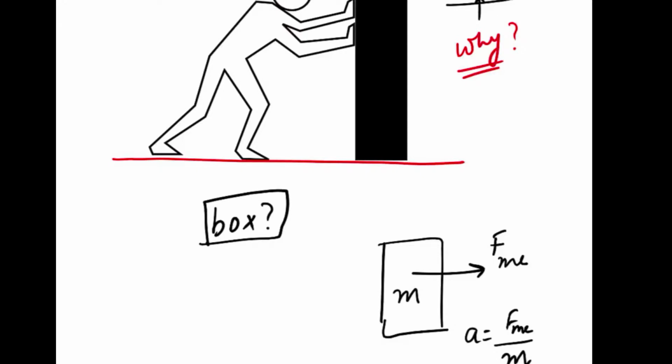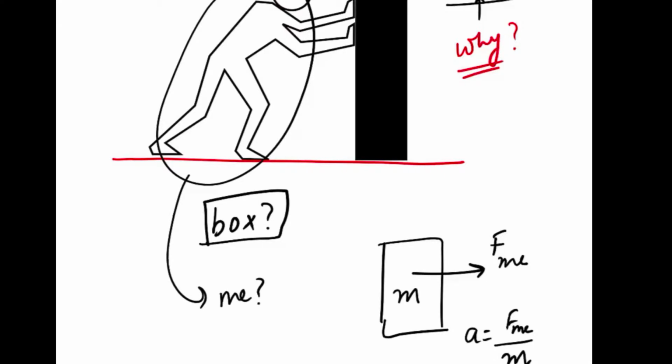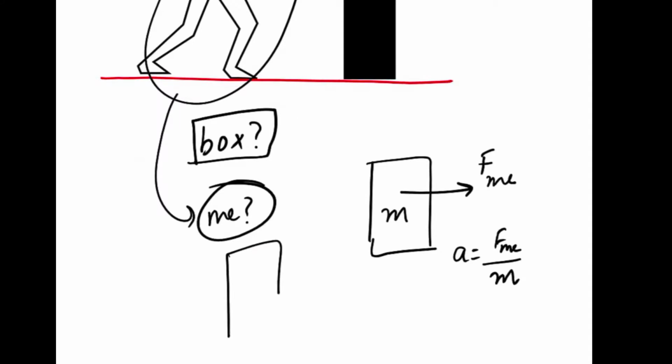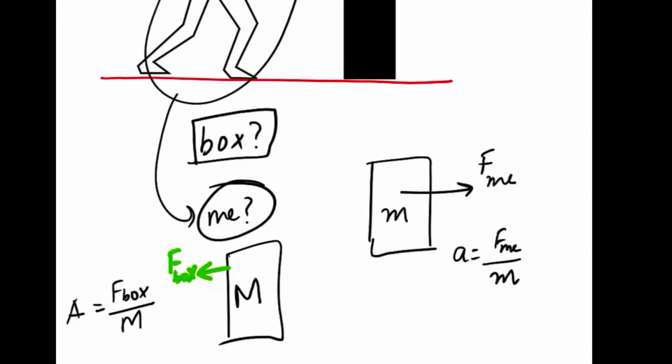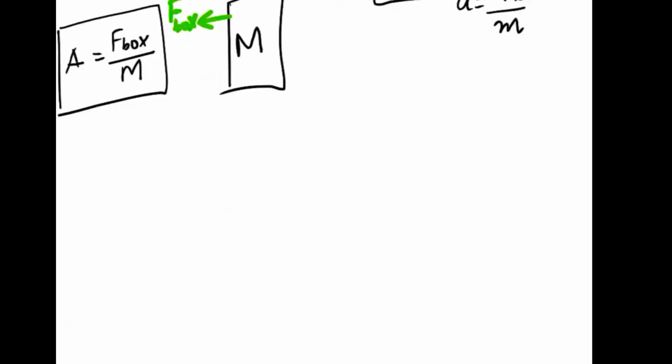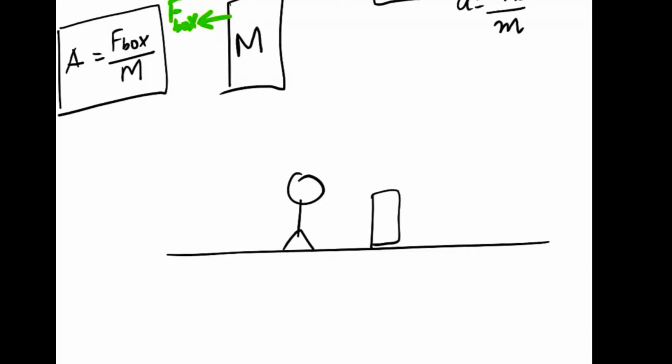Now if I'm interested in myself, then my system is me. Let's say my mass was capital M, and on me there's a force on the left side by the box. So my acceleration, capital A, will be equal to the force of the box divided by my mass M. Hence both of us will have some acceleration.